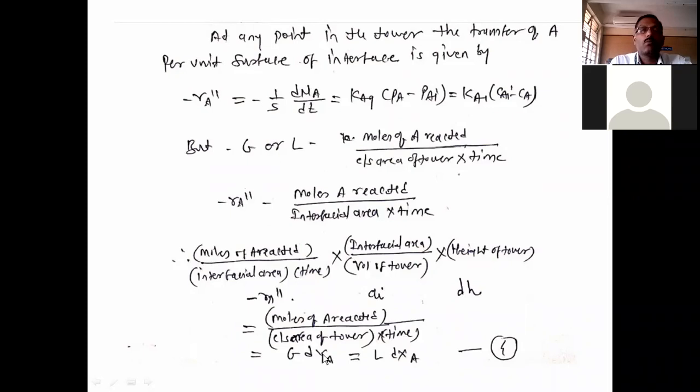Minus RA double dash AI into DH is equal to G, so G dy is equal to L dx. That is equation 4.